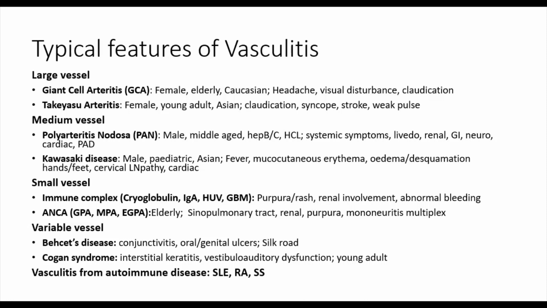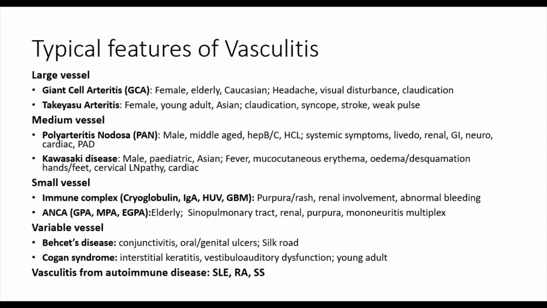The other type of small vessel vasculitis is that of the ANCA-associated vasculitis, which tends to affect the middle-aged to elderly population. Classically, there's involvement of the sinopulmonary tract, as well as renal involvement and possibly skin manifestations such as purpura and neurological manifestations including mononeuritis multiplex.